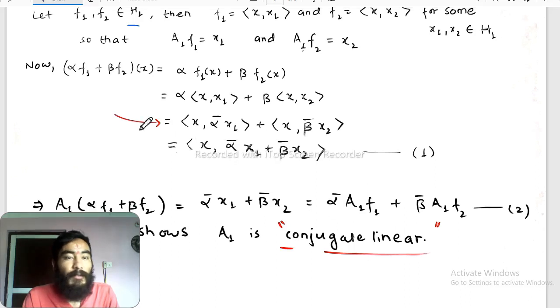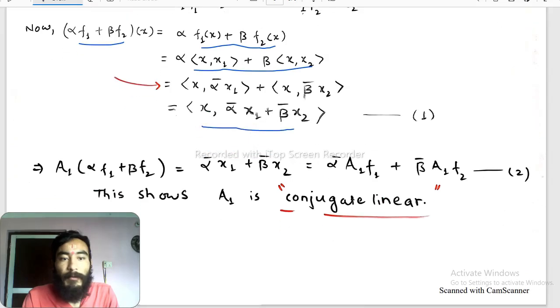Now the linear combination of F1 and F2 applied to x is given by the distributive property of vector spaces. Then we apply the Riesz representation. Then by the property of inner product, we get alpha conjugate in the second component, and similarly beta conjugate.